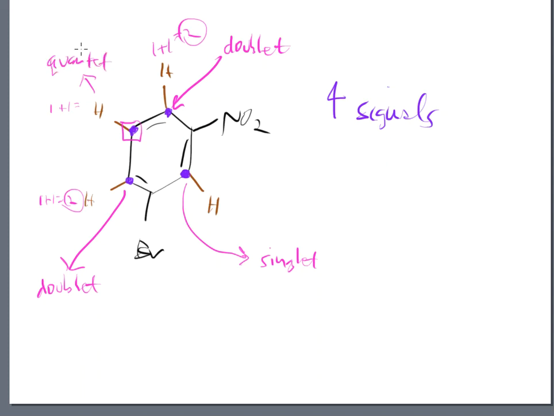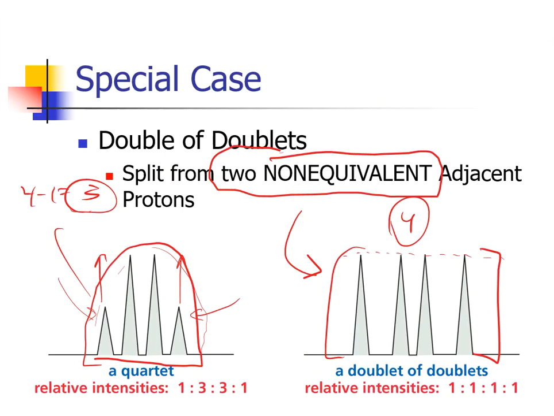Now, there is a special version of that quartet, like we've talked about in example A, where if I see 4 signals, there's a possibility that this might be a special type where all 4 will be the same height. And that, once more, is called a doublet of doublets.